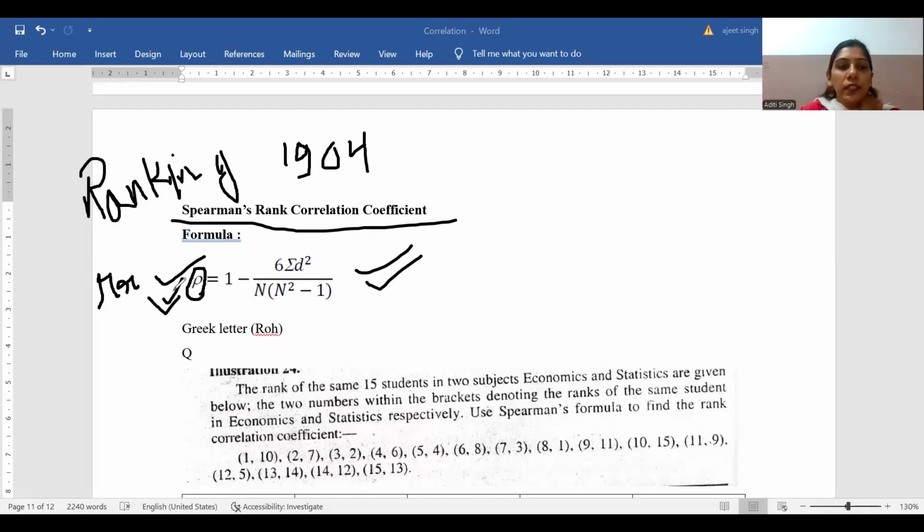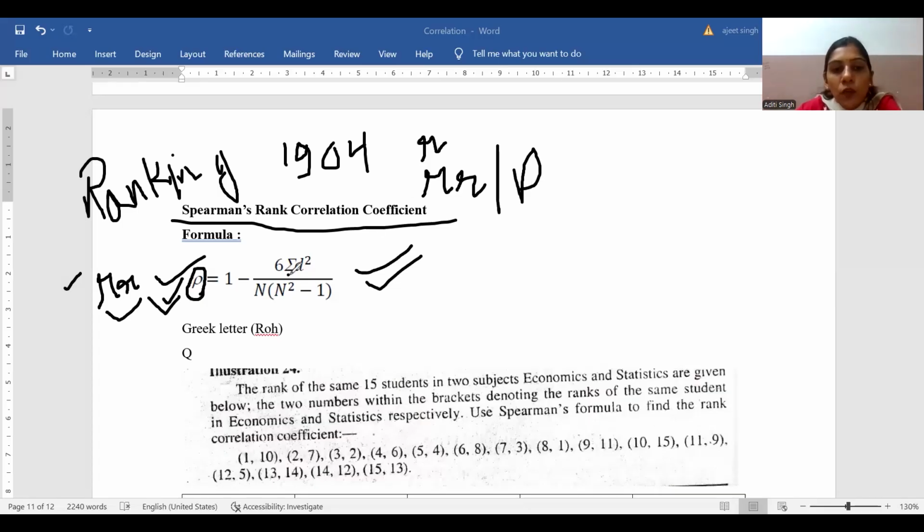Here rho and R are denoted for rank correlation. Like in the previous method, the Karl Pearson method, we denote the Karl Pearson coefficient with R, likewise we denote the Spearman rank correlation coefficient with R or rho. Now this is how we do the calculation.